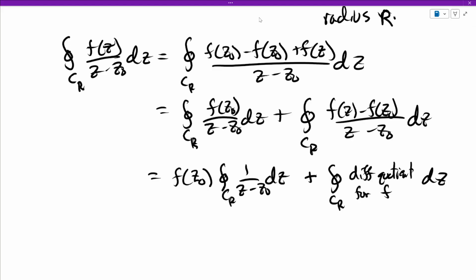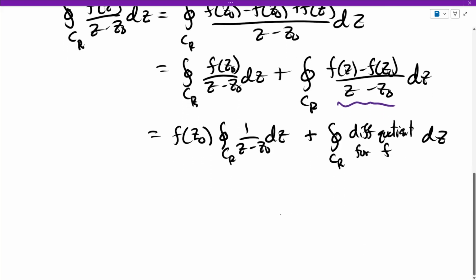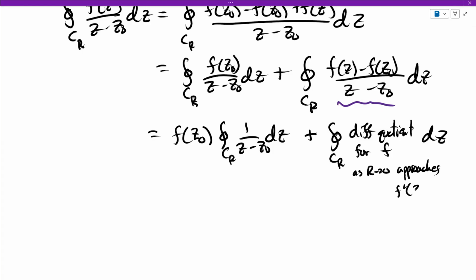That's exactly a difference quotient, the thing that we used to compute the derivative of f. So in particular, when r gets very small, this value approaches the value of the derivative of f. As r goes to 0, it approaches a constant, f prime of z naught, which exists because f is analytic.